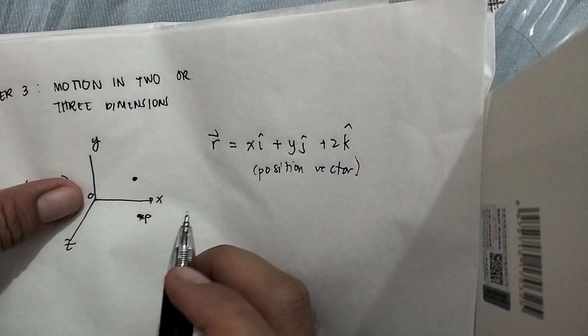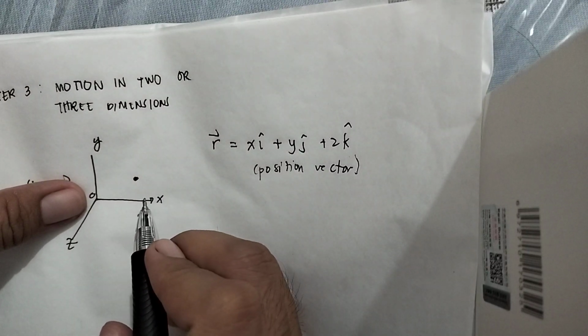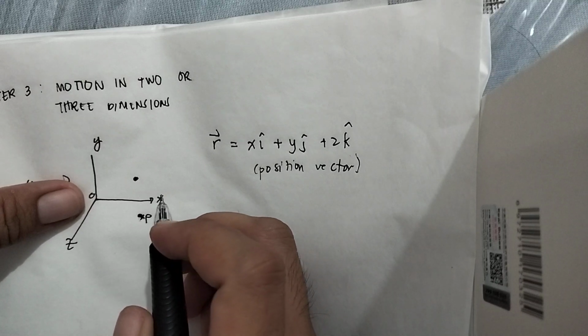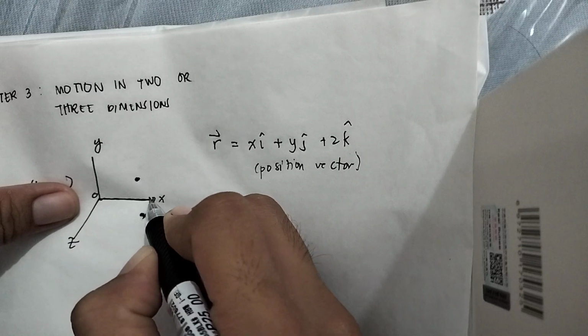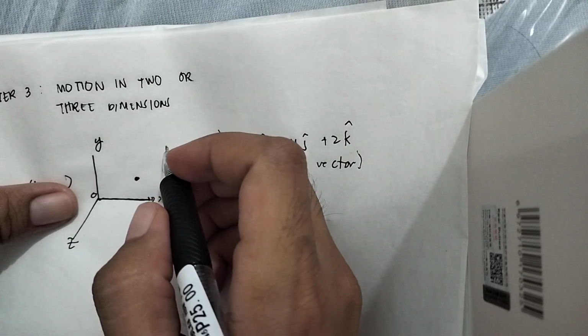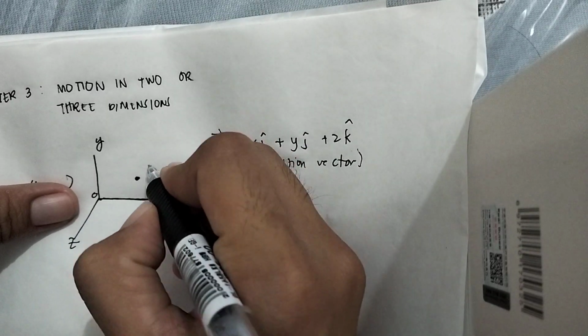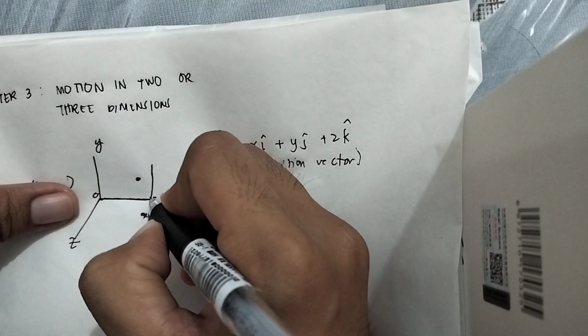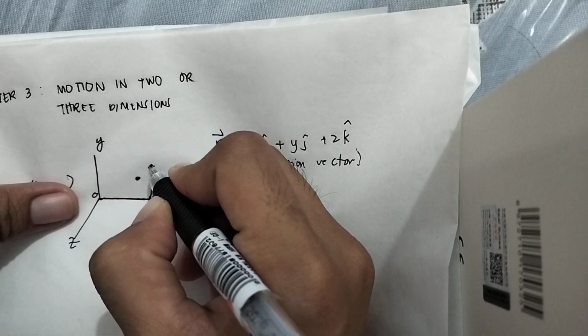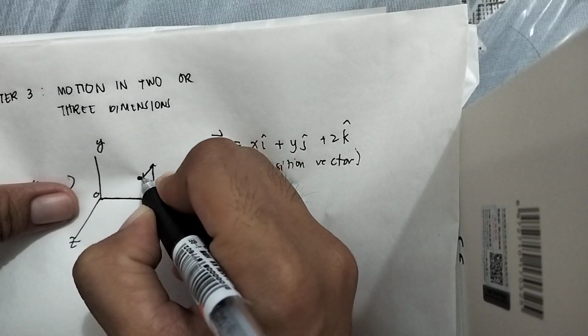So, from the origin, you go along x, then go up some distance along y, then some distance along z.